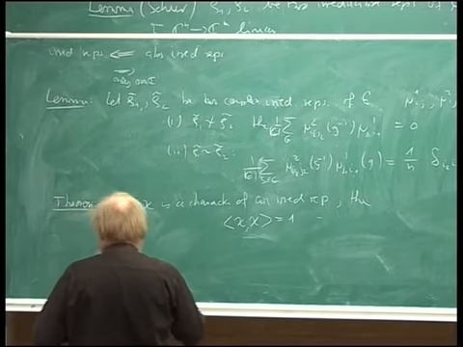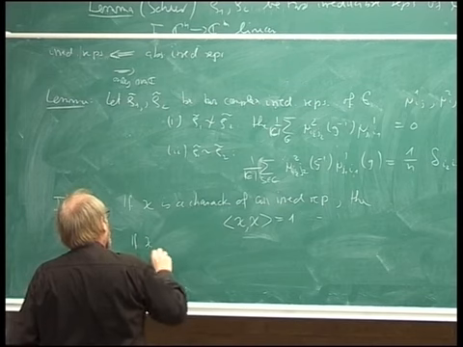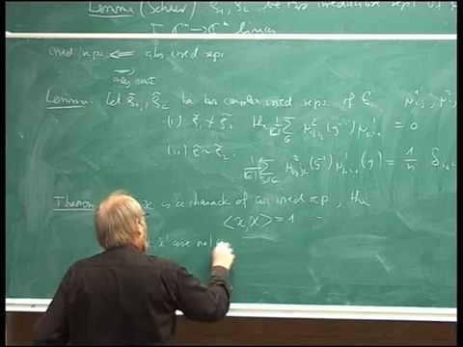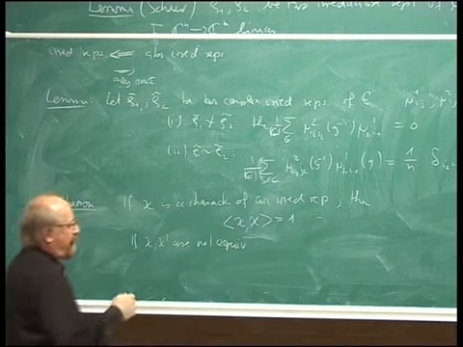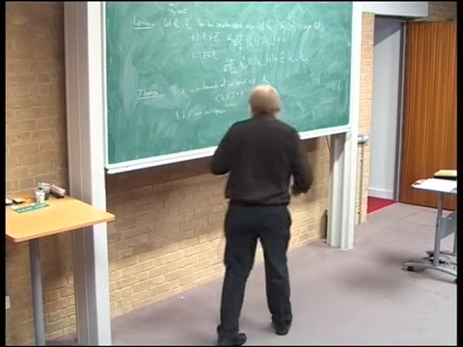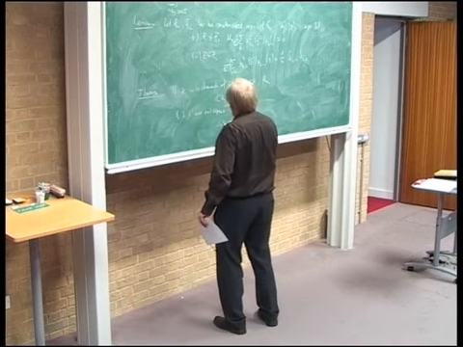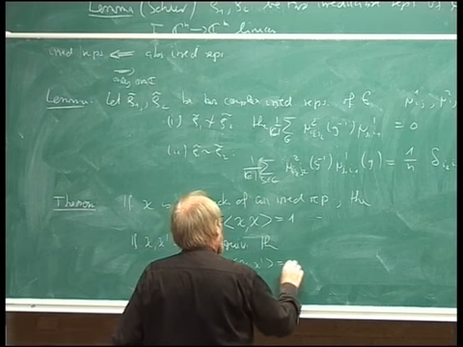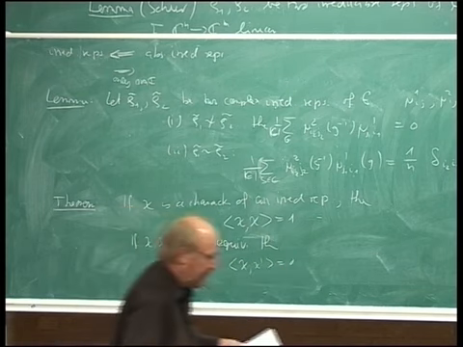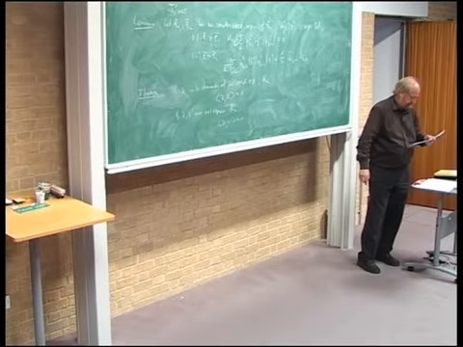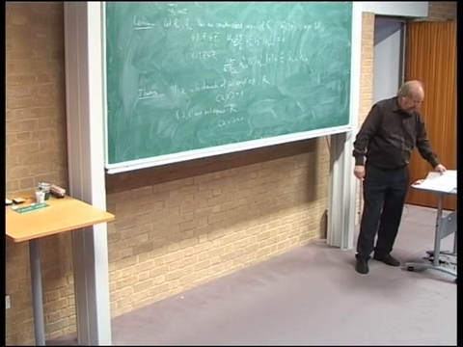And if chi and chi prime are characters of representations which are not equivalent, then the scalar product of chi and chi prime is 0. And this follows directly from what we have seen before.